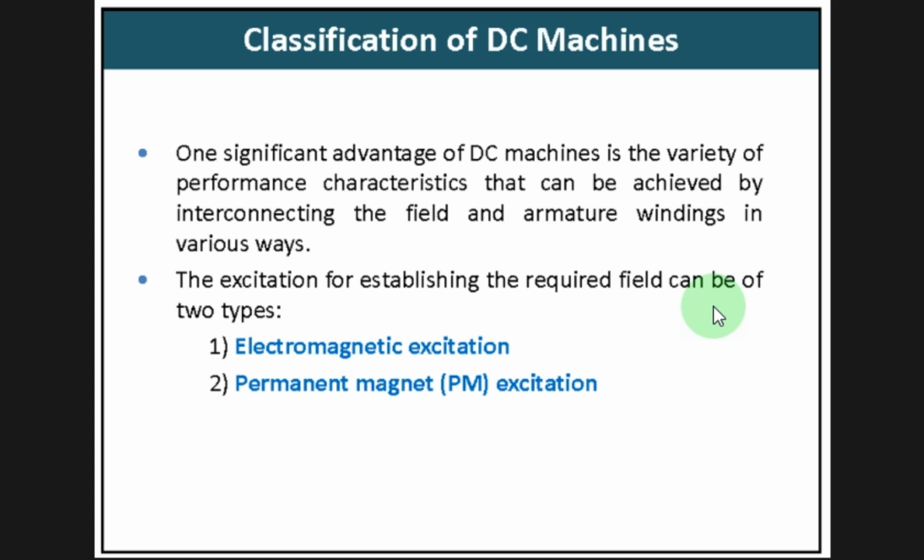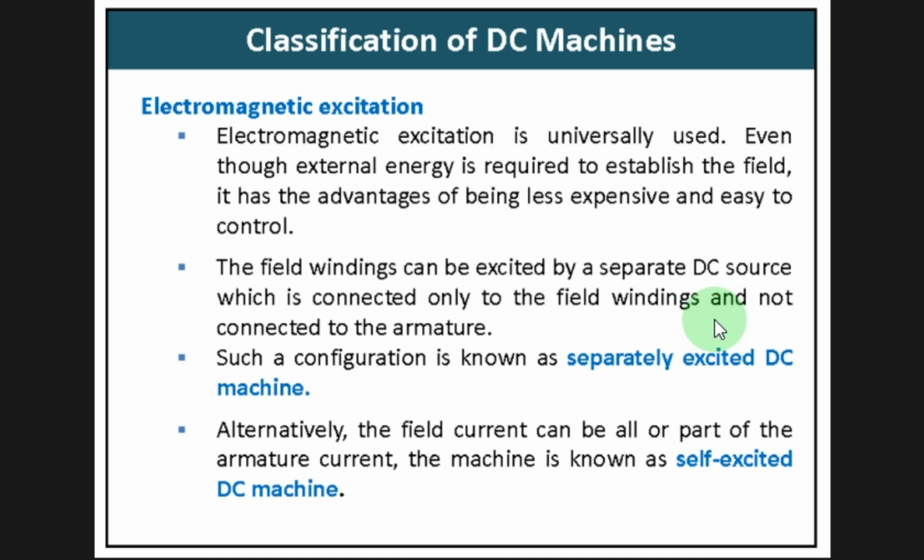One is electromagnetic excitation. The other one is permanent magnet excitation. So we first talk about electromagnetic excitation, and there we said that the magnetic field required for the machine is generated by externally supplied electricity, right?